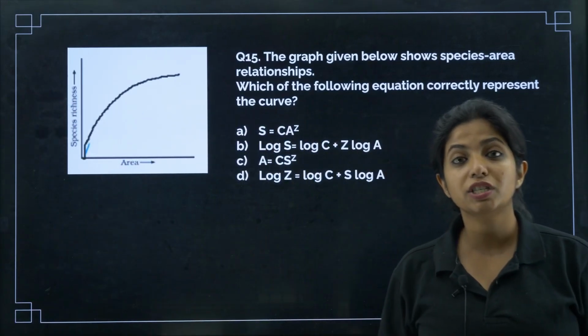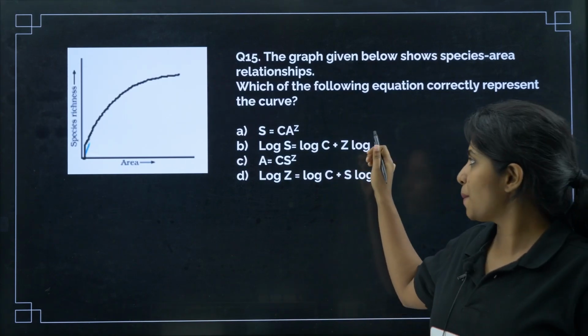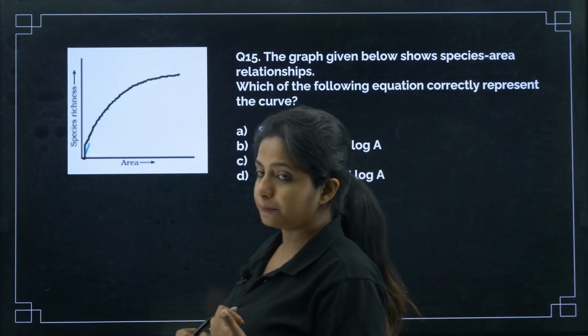This is about species richness, my dear children, and the most apt answer for this is B, as I already said. Okay, this would be the answer, option B. Cool?